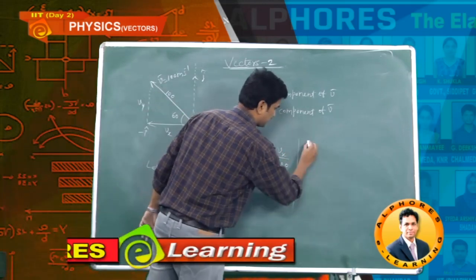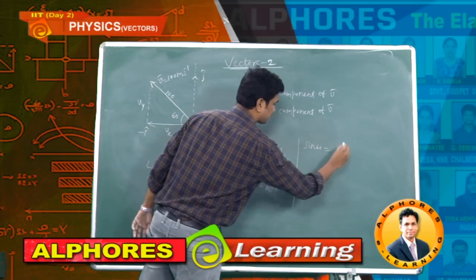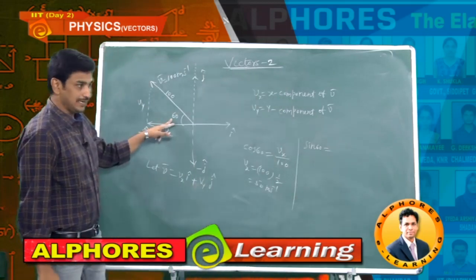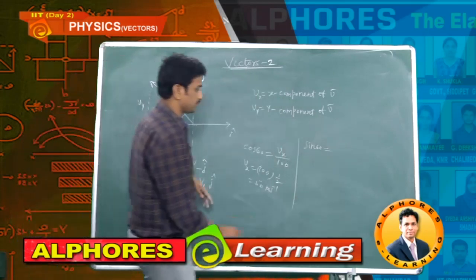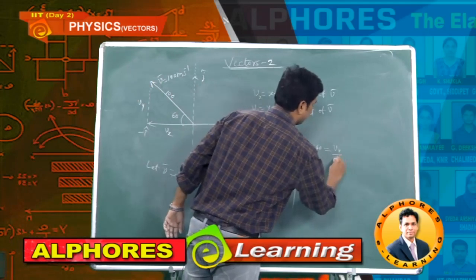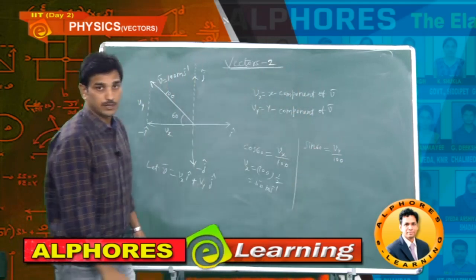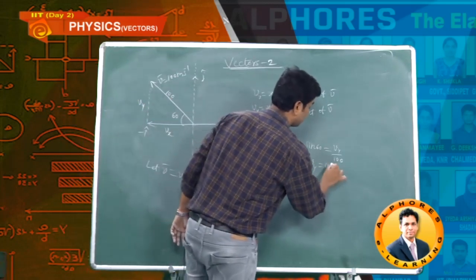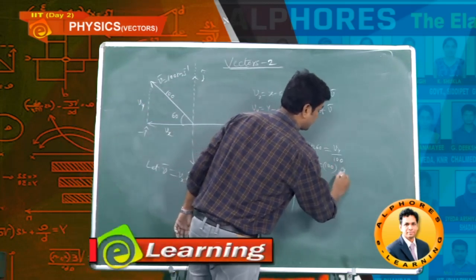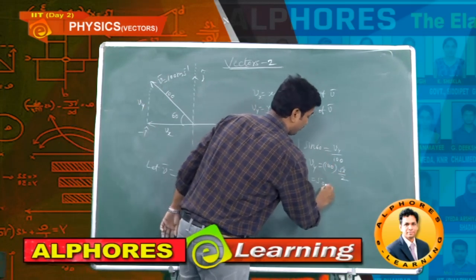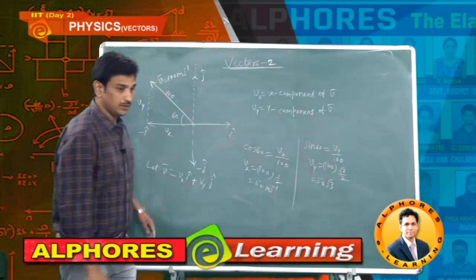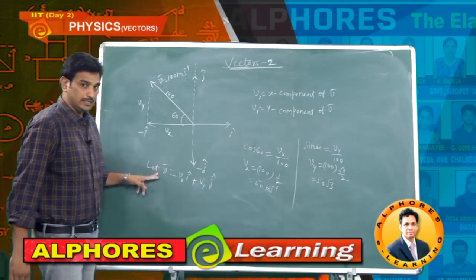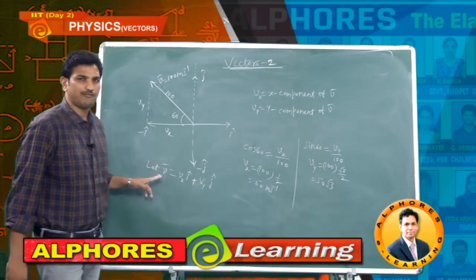Now sin 60: sin theta is opposite by hypotenuse. So Vy by 100 is opposite by hypotenuse, Vy is equal to 100 sin 60. What is sin 60? Root 3 by 2. So 50 root 3.